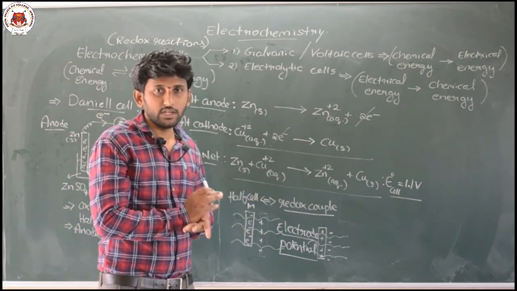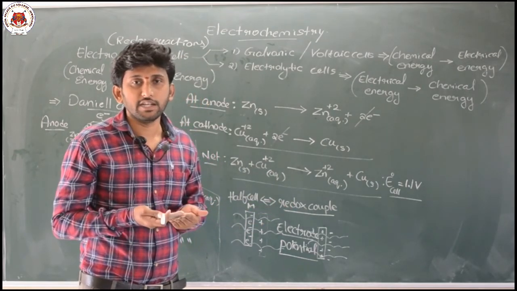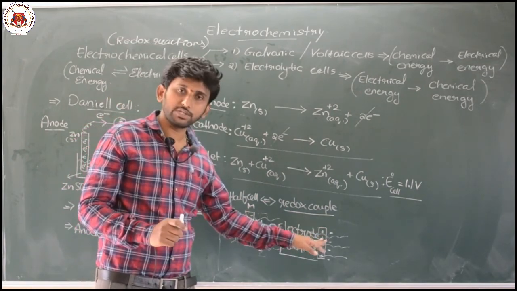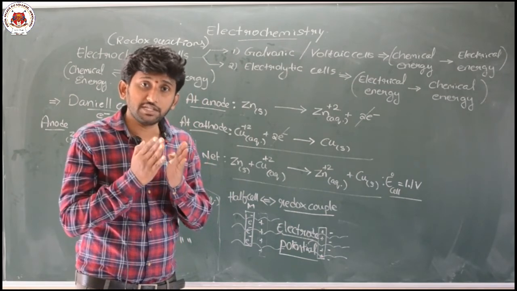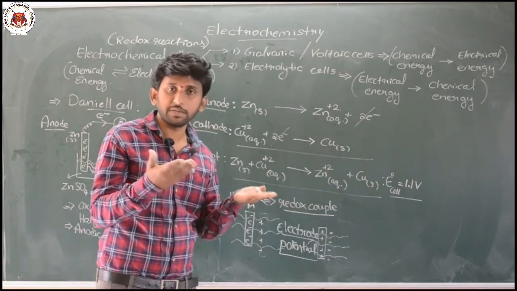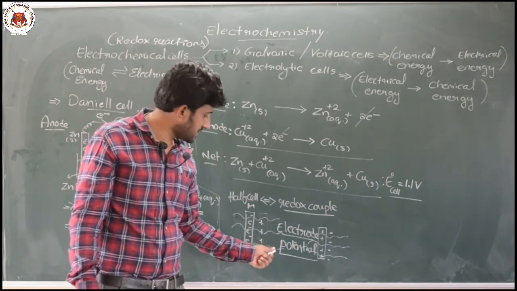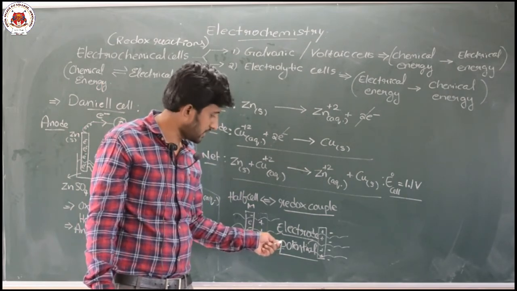So either the metal will get negative charge surrounded by positive ions, or the metal will get positive charge surrounded by negative ions. Whenever there are electrons and positive charges, automatically a potential is generated. Such a potential generated between the metal and its solution, we call the electrode potential.